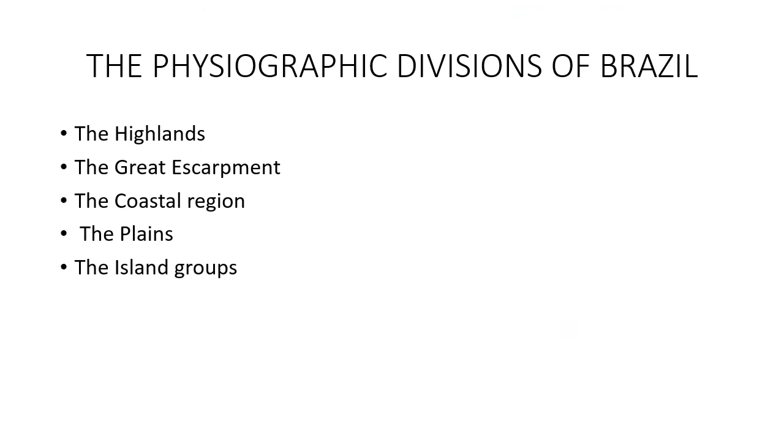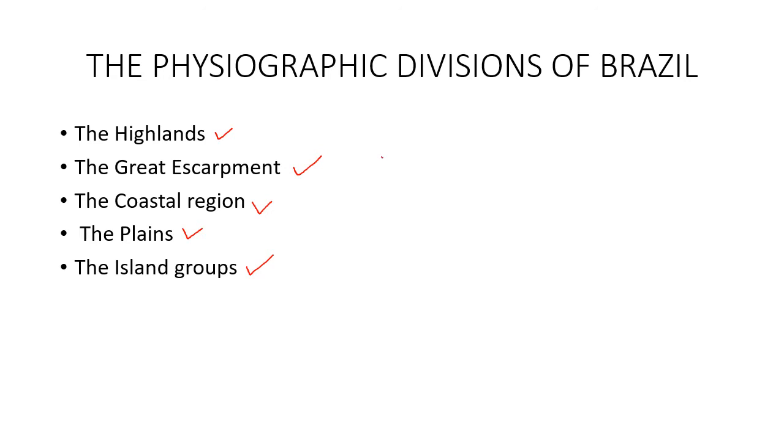Dear students, we know that there are 5 physical divisions in Brazil. Of these, I have introduced 2 divisions to you already, the highlands and the plains. Apart from these 2 very important divisions, we see the Great Escarpment, the coastal region, and the island groups form part of the physiography of Brazil.